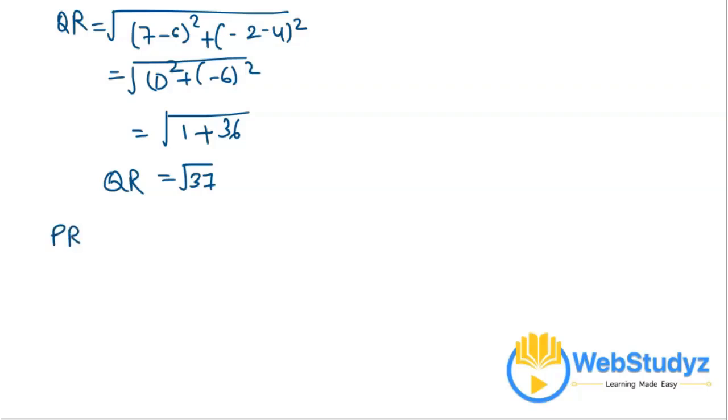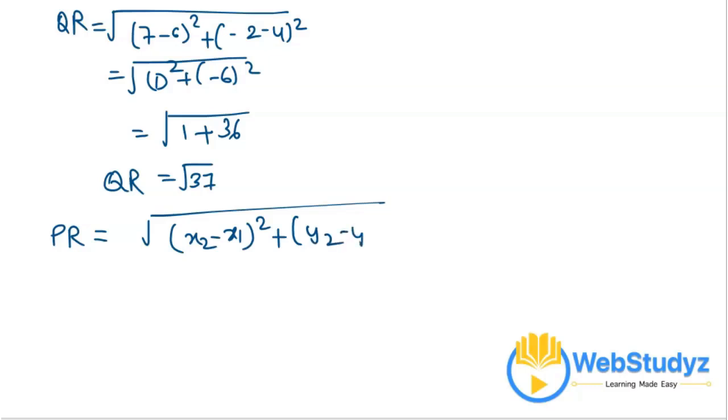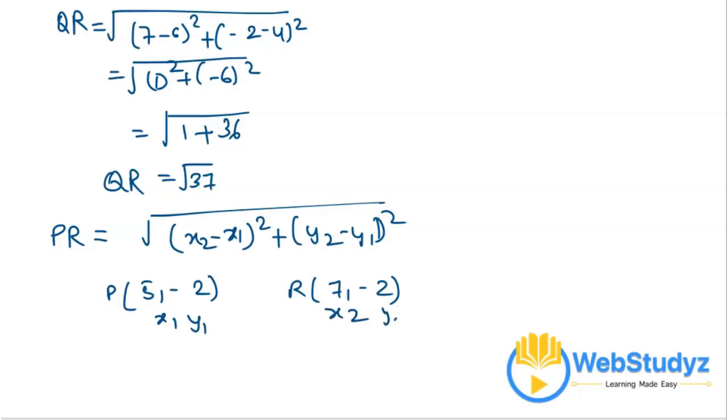Now in the same way we are going to find the value of PR, which is again the square root of (x2 minus x1) whole square plus (y2 minus y1) whole square. We have the point P, which is (5, -2), and the point R, which is (7, -2). This is x1, this is y1, this is x2, this is y2.